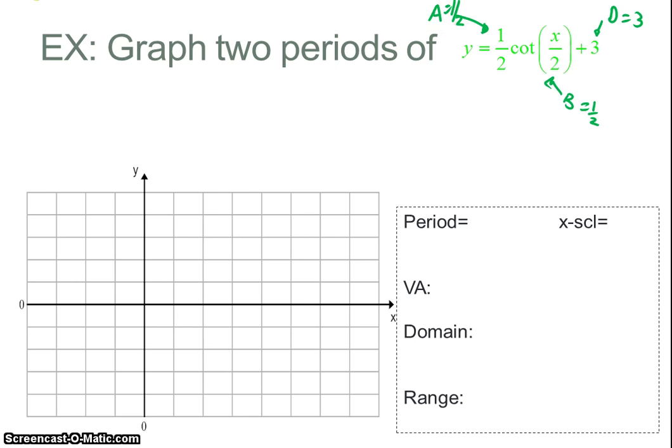Okay, so let's go ahead and go through that. The period is going to be pi over b, which is pi over 1/2, or in this case my period is 2 pi. My x-axis scale is period over 4, or in this case it's pi over 2.